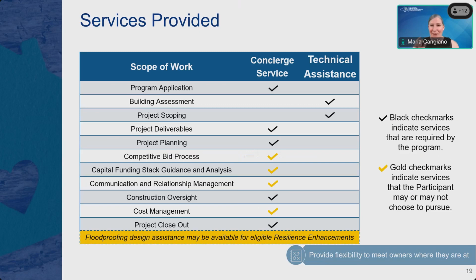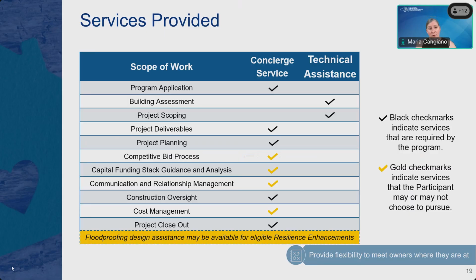Sorry. The required services are the program application, the building assessment, project scoping, project deliverables, project planning, construction oversight, and project closeout. So pleased to make note that there is a distinction within this slide and within the program of required services and optional services.